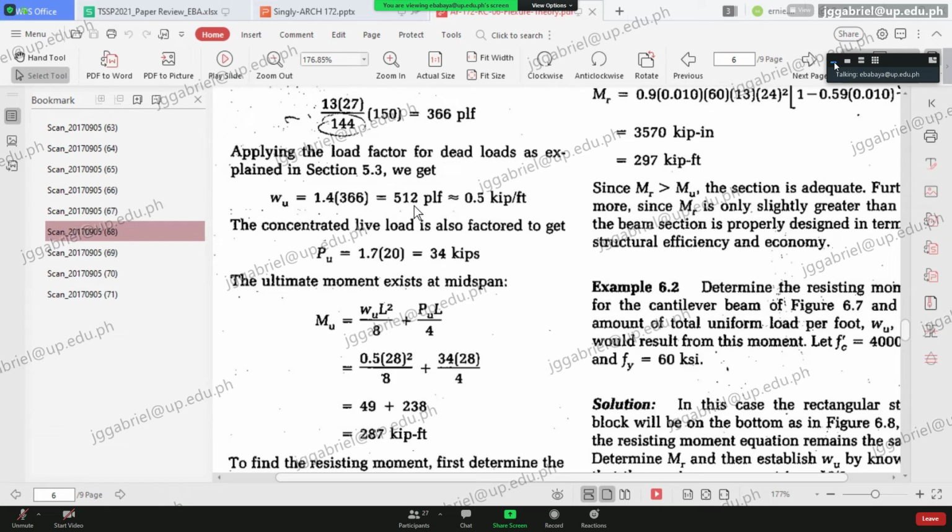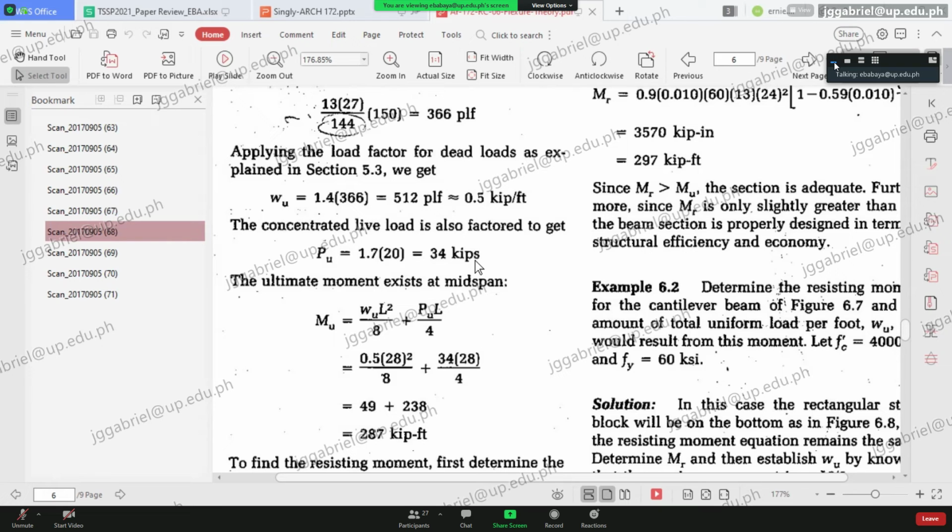Now, the concentrated load is also factored to get PU equal to 1.7 times 20. That would be 34 kips. Now, we have to compute for the ultimate moment. Okay?